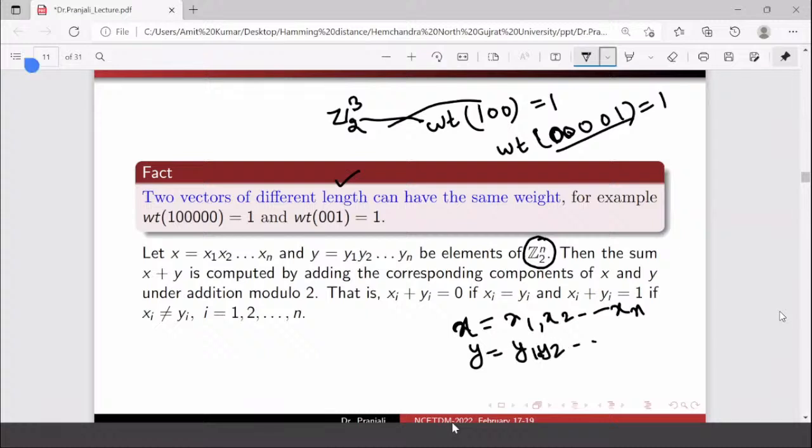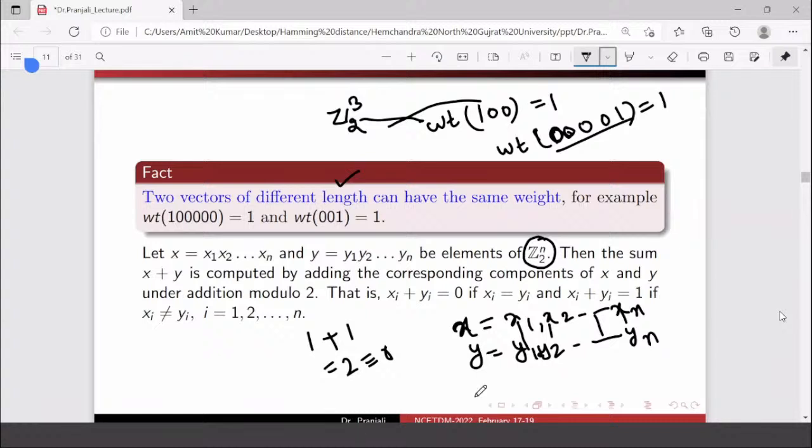So x1 plus y1, x2 plus y2, and xn plus yn. We will add these corresponding entries. And since the entries are elements of Z2, if both are equal, then the sum is going to be 0. For example, this is 1, this is also 1, then the sum is going to be 2. But the entries are coming from Z2, so it is going to be 0 under mod 2. If both are 0, then still the sum is 0.